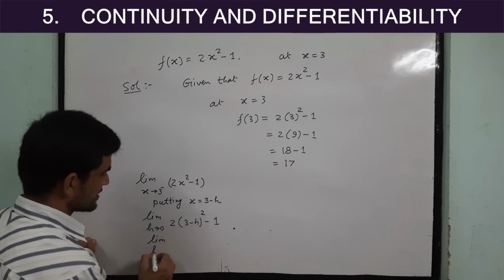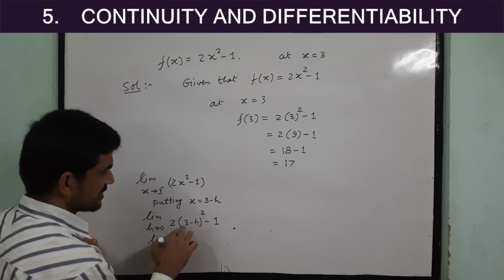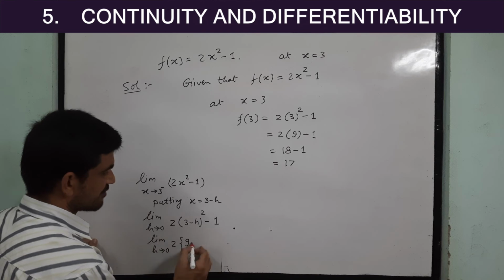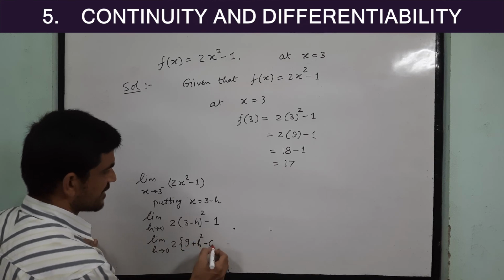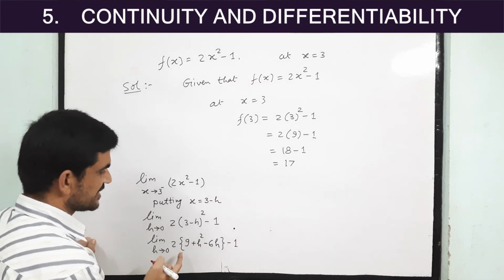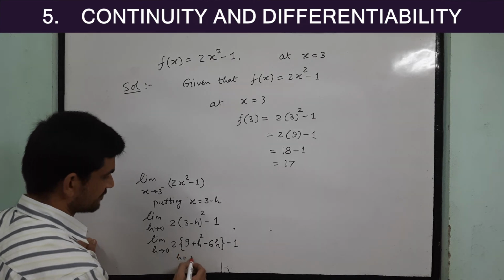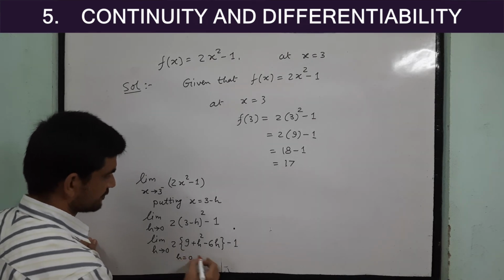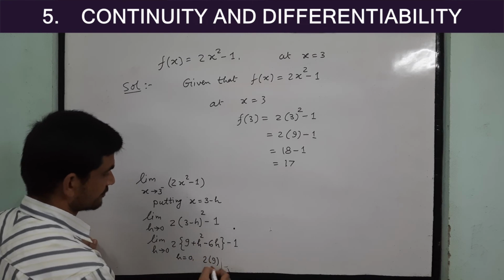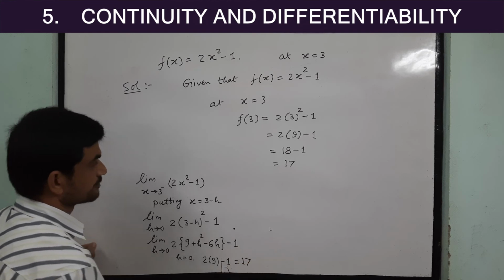On solving, (3 − h)² = 3² + h² − 6h, so 2(9 + h² − 6h) − 1. Putting h = 0, we get 2 × 9 − 1, that is 17 only.